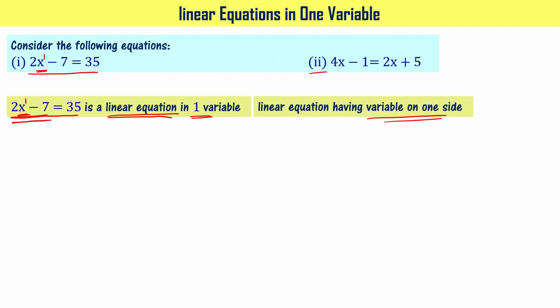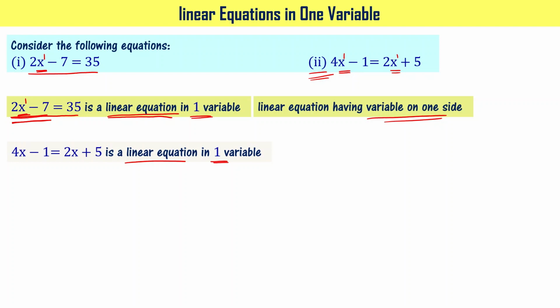Now let's look at the second equation, that is 4x minus 1 equal to 2x plus 5. When you look at this, here you have only one variable, that is x, right? And if you look at the powers, that is 1. That's why we say that 4x minus 1 equal to 2x plus 5 is a linear equation in one variable, right? That is variable x.